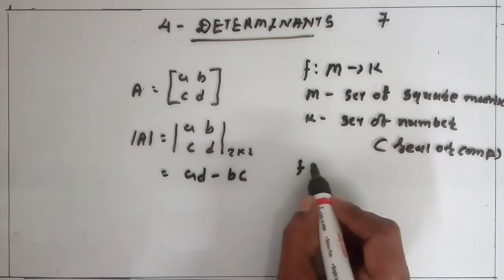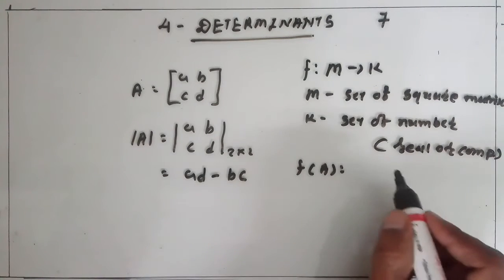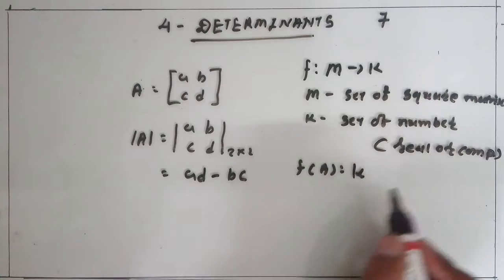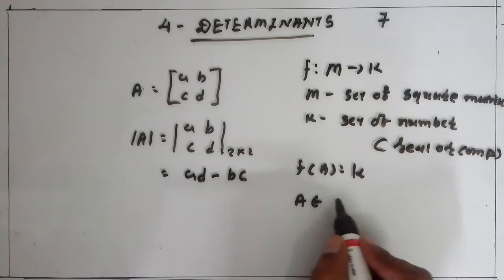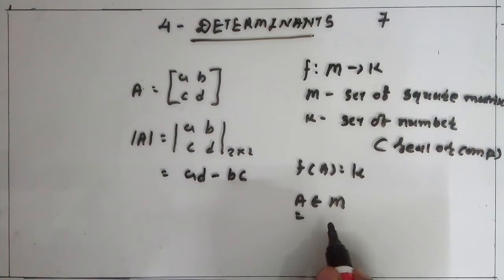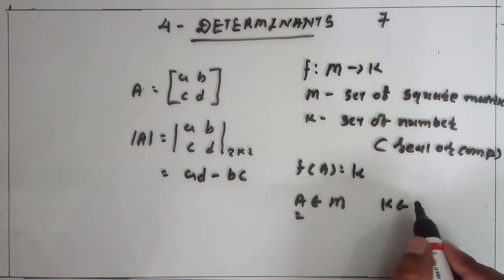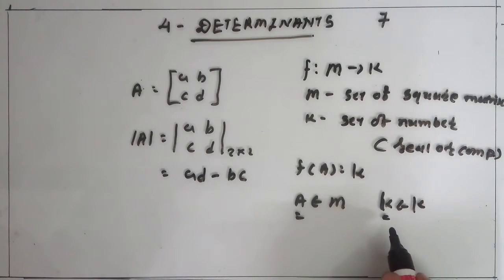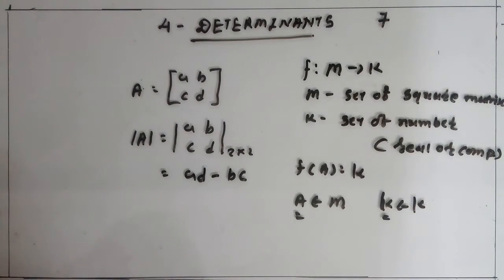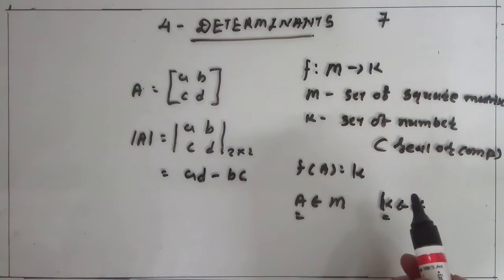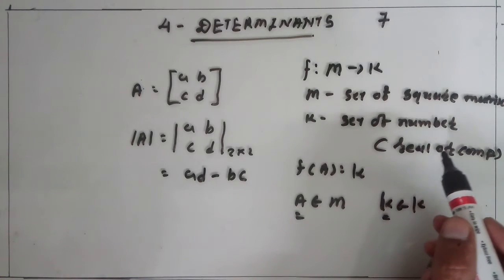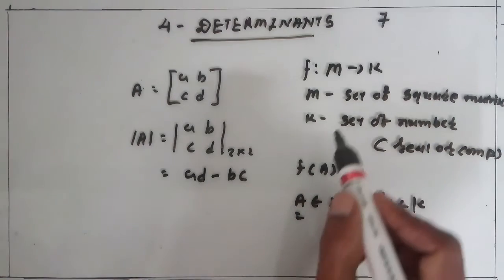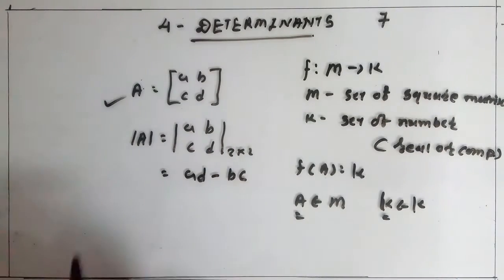Then f(A) is equal to small k, where A belongs to M, that is A is any square matrix, and small k belongs to K. K is any real number or complex number. This type of function is called a determinant. That is, a number, real or complex, associated with a square matrix is called a determinant. Remember this. Clear?